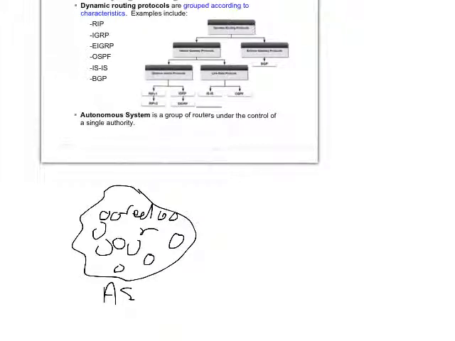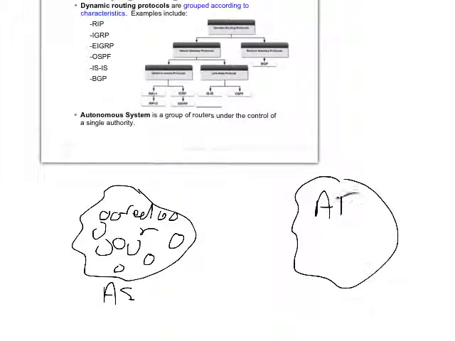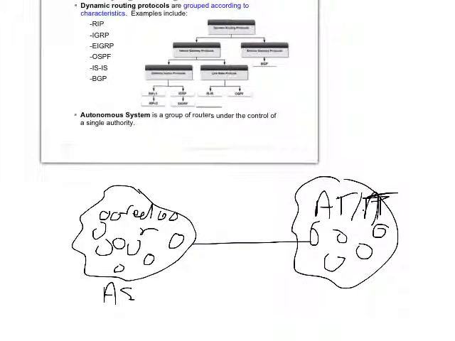And it defines itself as a group of routers under the authority of Ooredoo. Then if I need to talk to another network, let's say the AT&T network, AT&T has a specific autonomous system, and then we can communicate from this autonomous system to that autonomous system.